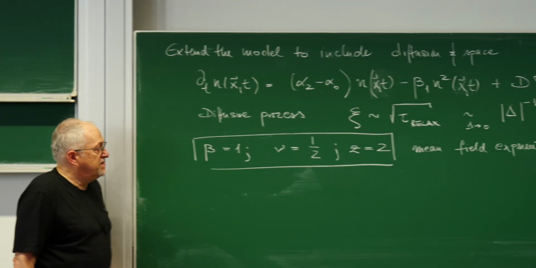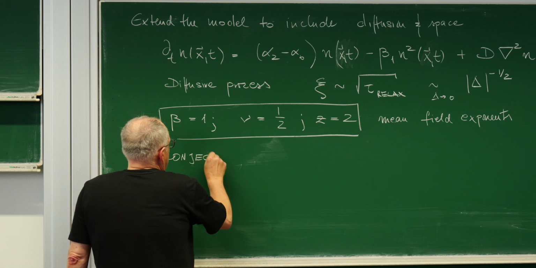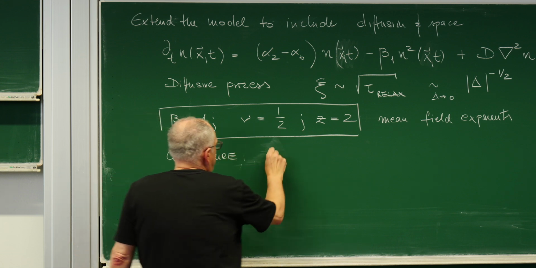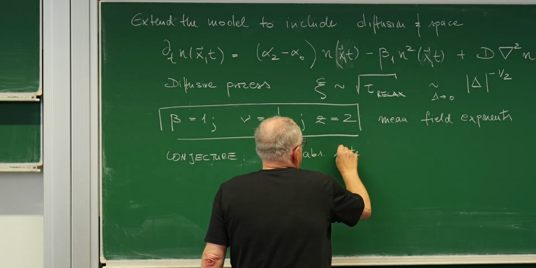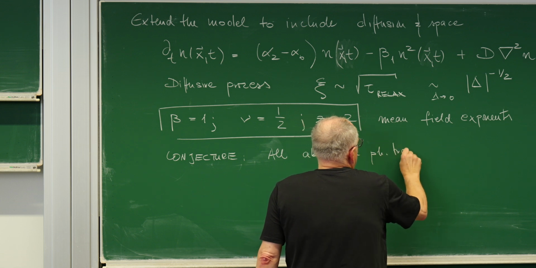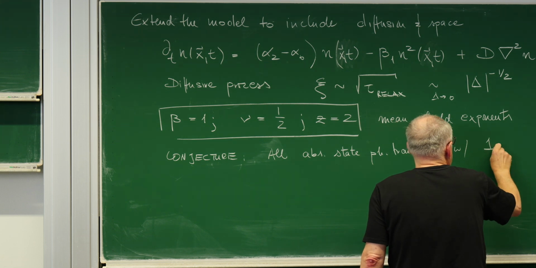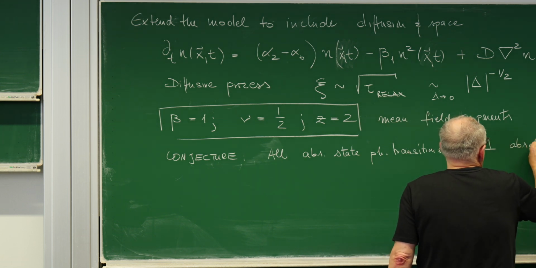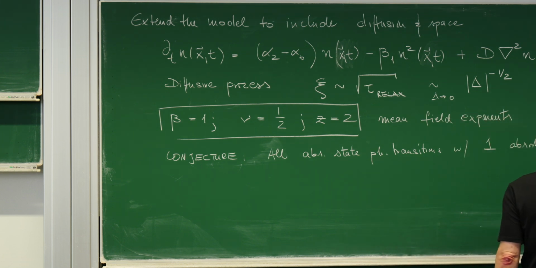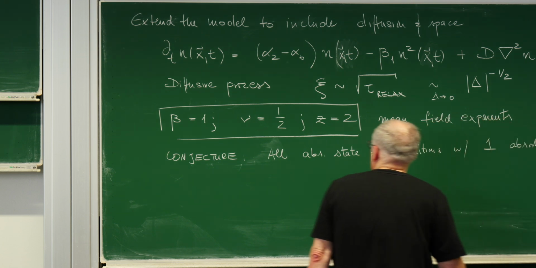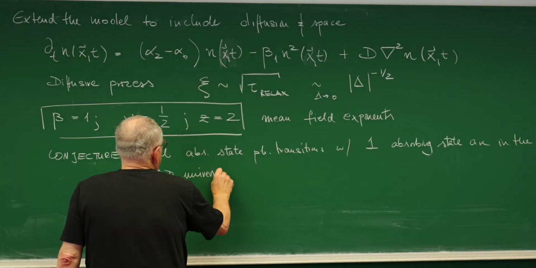Here, there's a conjecture that all absorbing state phase transitions with a single absorbing state are in the directed percolation, or short DP, universality class.